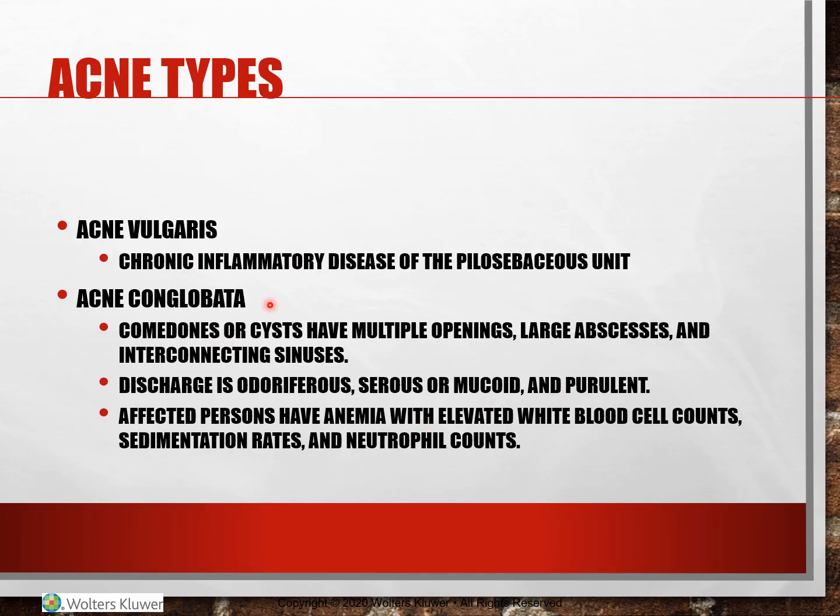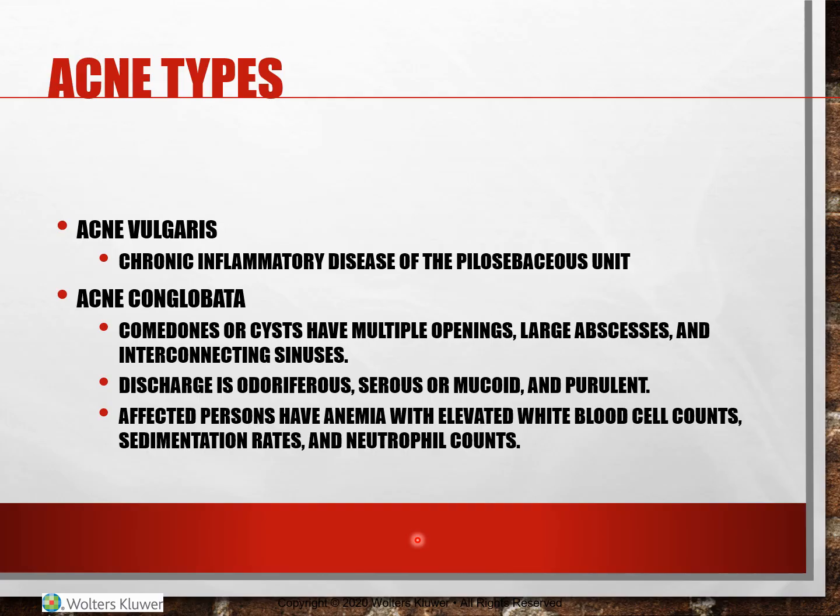Other things to know about acne conglobata: the comedones or the cysts have multiple openings rather than just one opening that we see in acne vulgaris. They can also evolve into things like large abscesses, and they can have interconnecting sinuses between them. So much more severe inflammation and wound development in this disease.